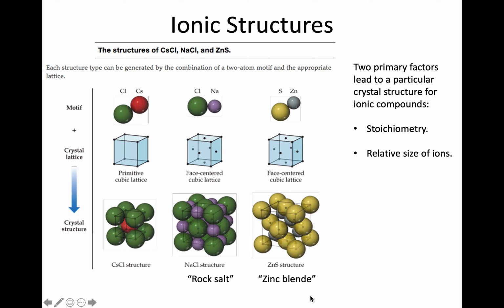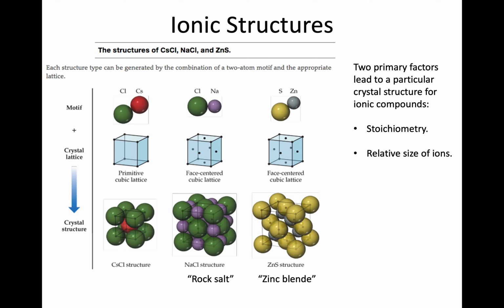The different structures that we see at the bottom, some of these have what you might say are common names. So this sodium chloride structure, there are other crystalline solids that adopt that same structure. It's called the rock salt structure. Don't worry that much about the common names, but it's saying that not every single ionic compound is a unique structure. There are different common ones that are frequently encountered.